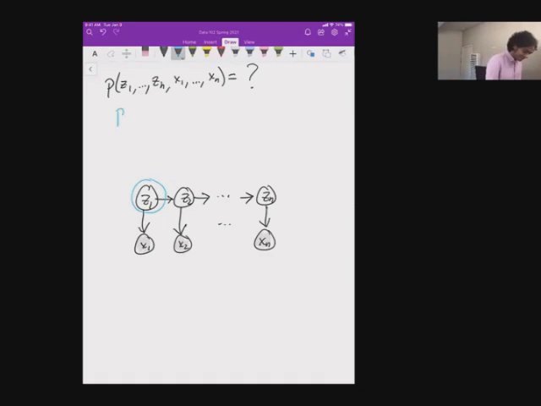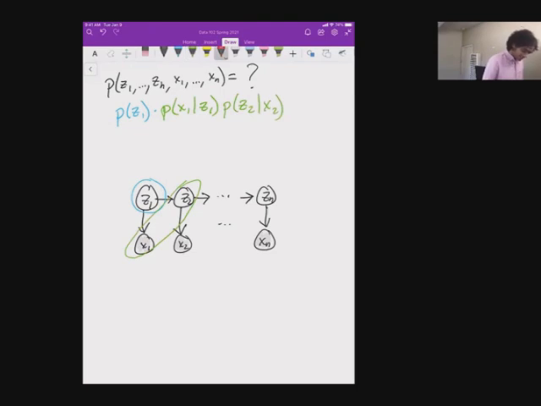So now we can say this is the probability distribution of Z1 times, well, what's next? Let's look at all of its children. Its two children are X1 and Z2. So this is the distribution for X1, which is conditioned on Z1, and then the distribution for Z2 given Z1.